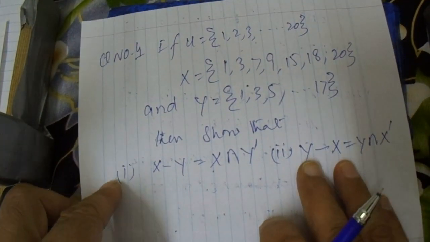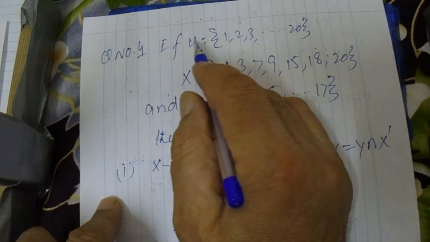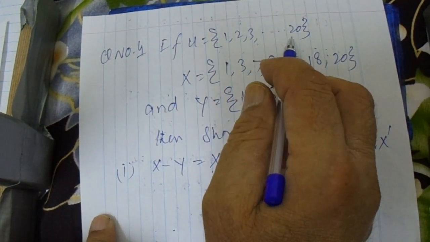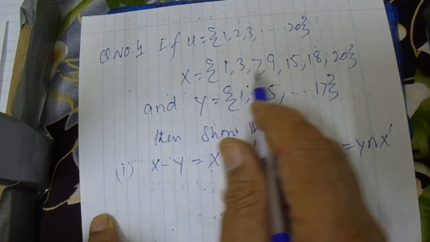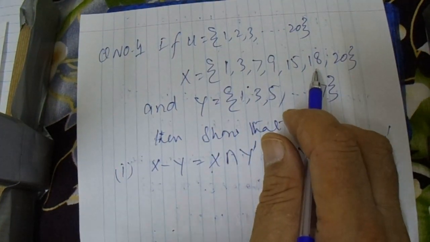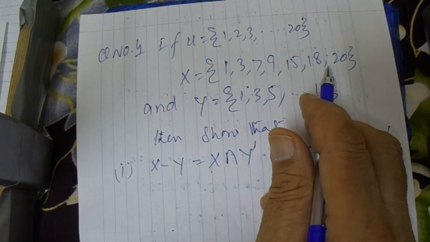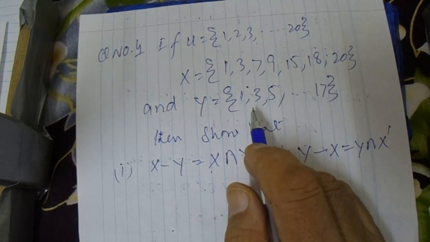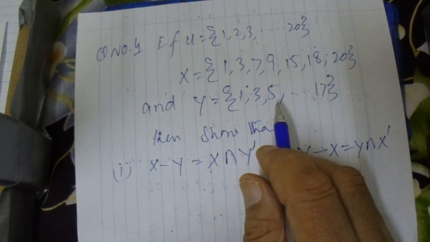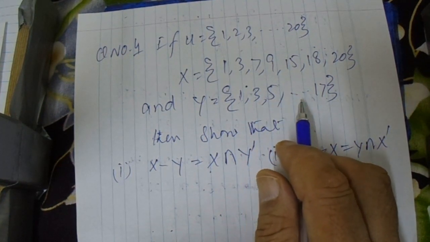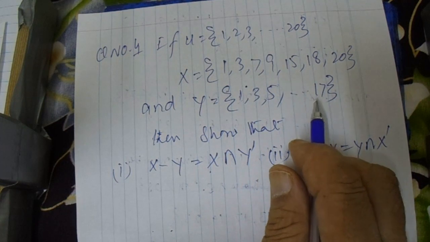Now this is question number 4. This is universal set 1, 2, 3, 4 and goes to 20. This is X: 1, 3, 7, 9, 15 and 18, 20. Y is 1, 3, 5, 7, 9 and goes to 17.